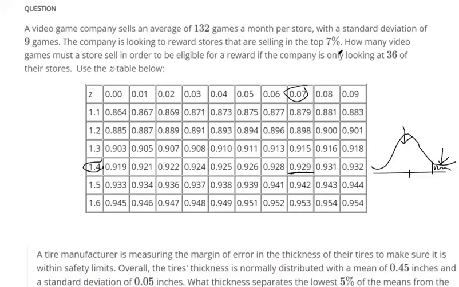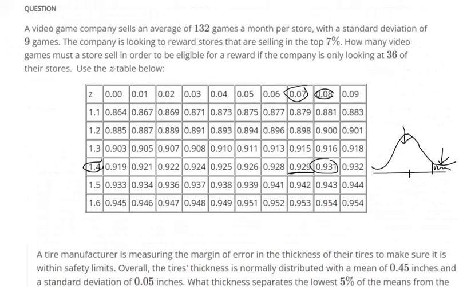Again, the top 7% means we want 0.07 for this area, but the table only gives us areas to the left, so we want 0.93 on this side. I'm going to use z equals 1.475, halfway between those two, because 0.93 is halfway between those two numbers. So z equals 1.475.